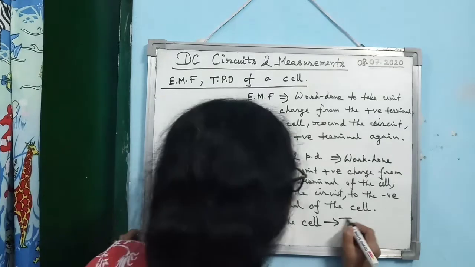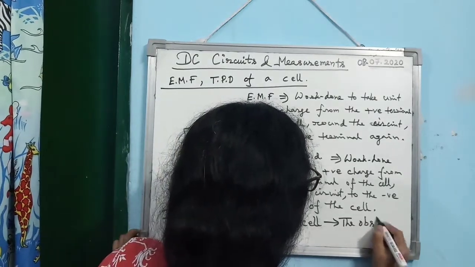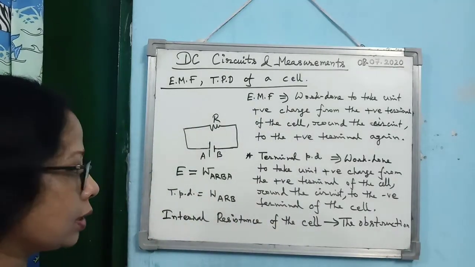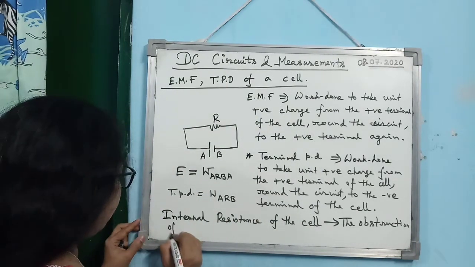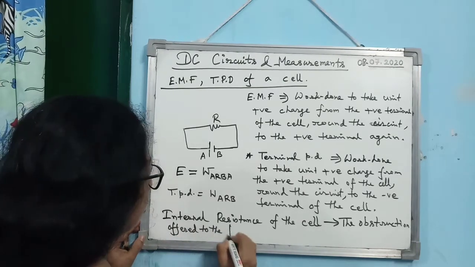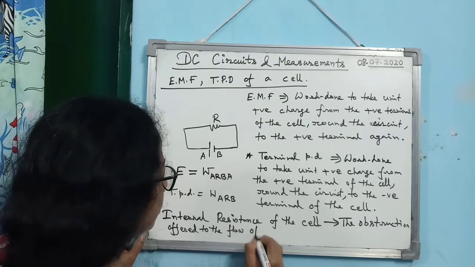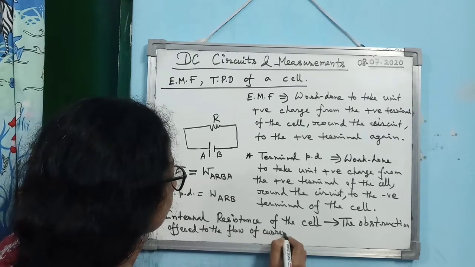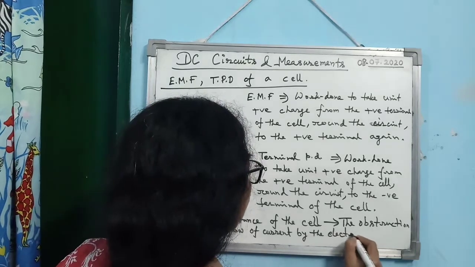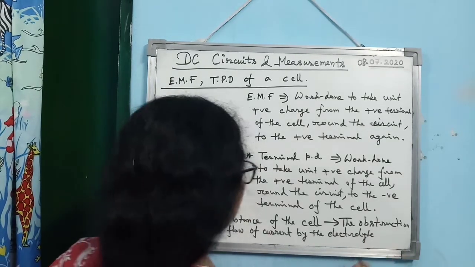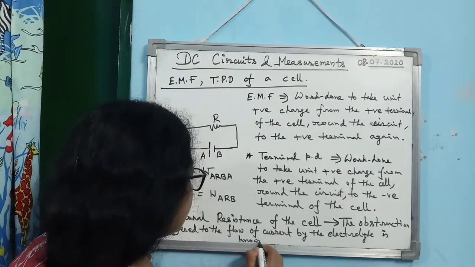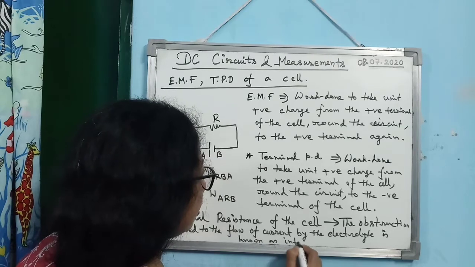The opposition or the obstruction. These are nothing new to you. All of you know these concepts. The obstruction offered to the flow of current by the electrolyte, by which I mean by the ions present in the electrolyte, is known as the internal resistance of the cell.